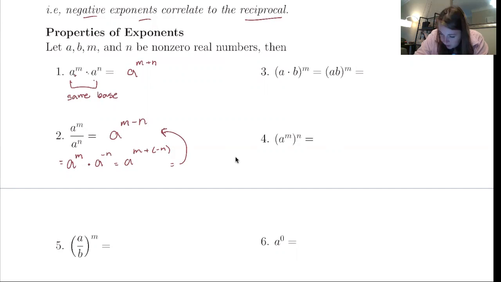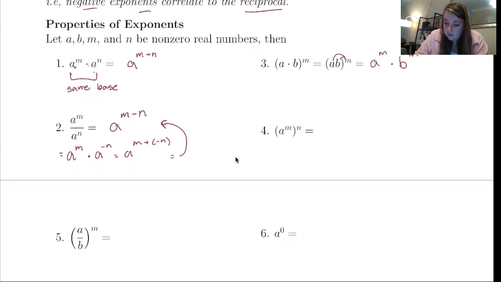So this m goes to both things: a to the m times b to the m. This does not work with subtraction and addition, and we'll talk about that in a little bit. So I can distribute exponents over multiplication. Great, that's really handy. Remember, things usually work out with multiplication.